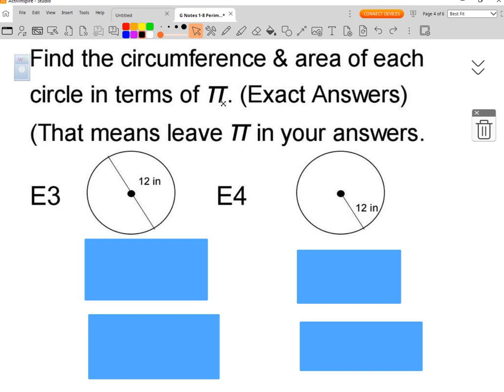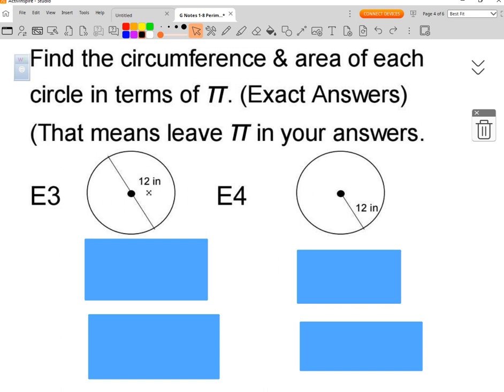I'm having a senior moment. They may tell you to use 3.14 for it, or they may give you another fraction to approximate it with. If they don't give you one, you can use the pi button on your calculator, but if it says exact answers or in terms of pi, that means you have to leave the pi in your answer.